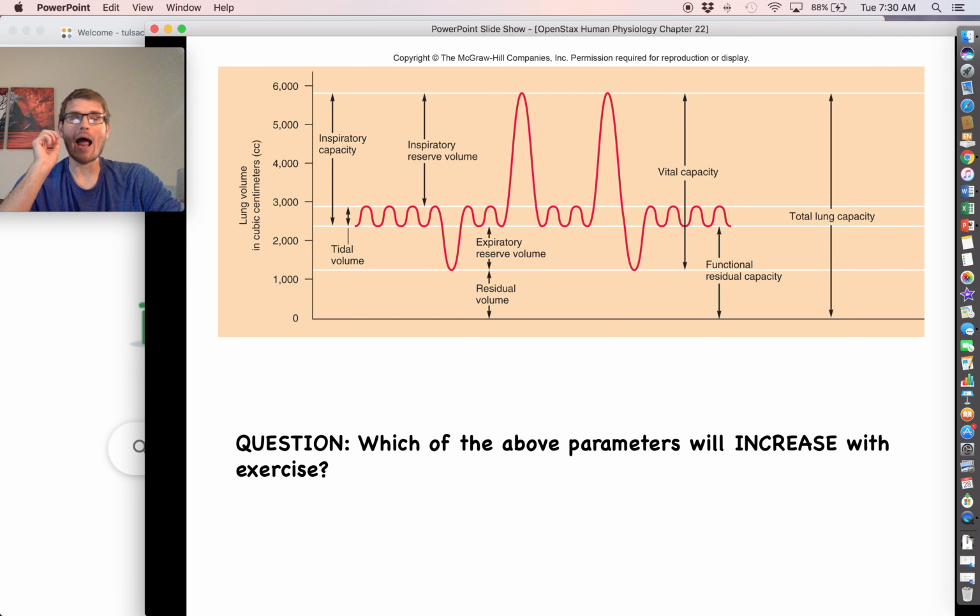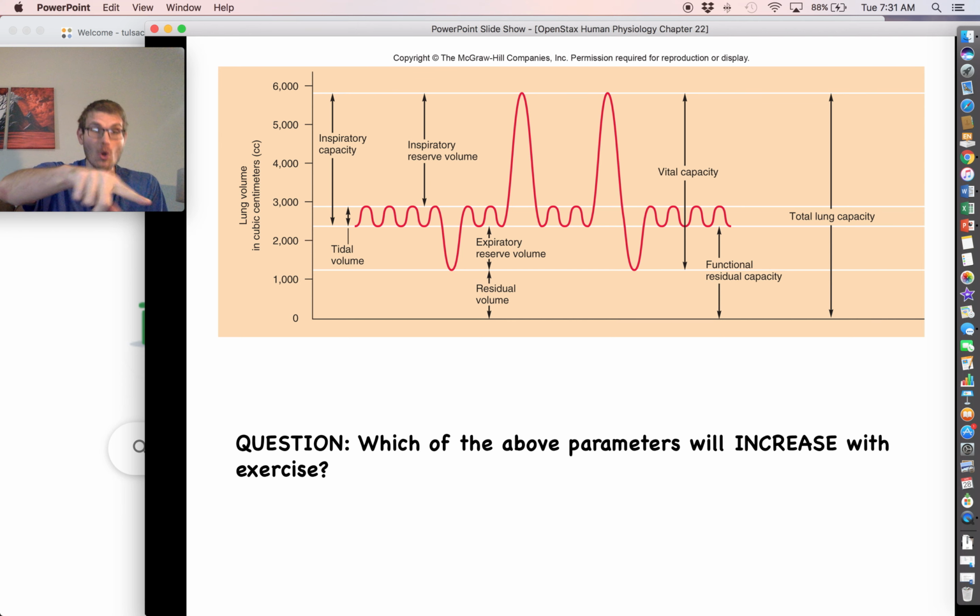So a question that I want you guys to think about for our Collaborate meeting this week: of the parameters that we've talked about, things like tidal volume, reserve volumes, total lung capacity, etc., which one of those do you think is going to increase with exercise? So in order to help you determine the answer to this question, you need to make sure you understand the strict definitions we put on those different terms, and then also imagine yourself actually having your spirometric parameters measured.